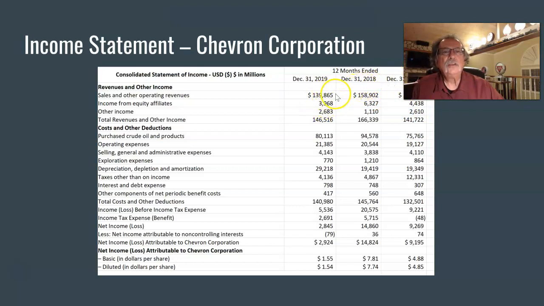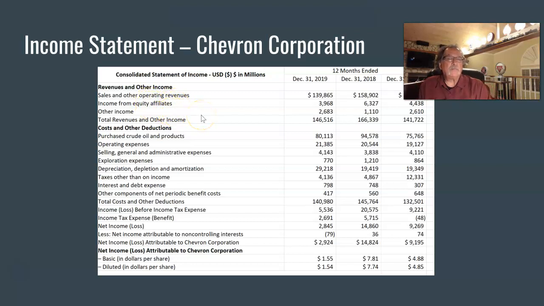It's got 2 potential more years included here. And we have sales, and this can be typical of any earnings statement or any income statement. There's going to be other junk in there, and you're going to have to distill it out to look for what's important. But what we have, other things in there, income from equity affiliates.